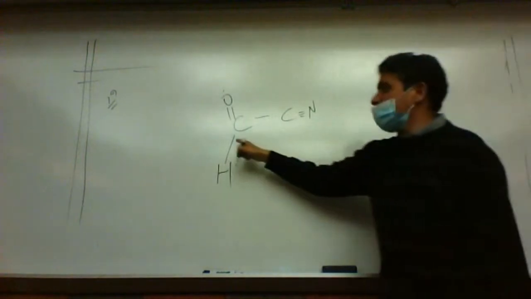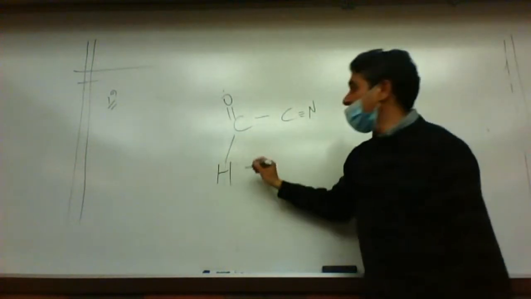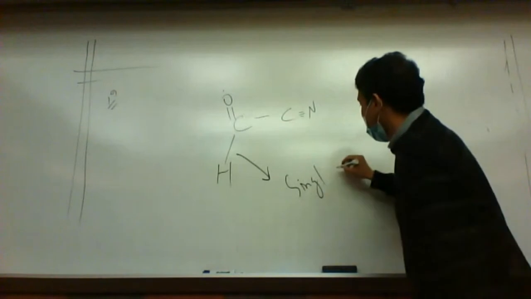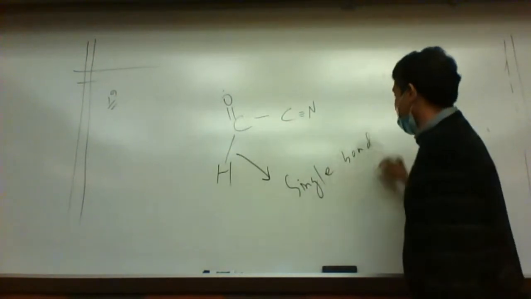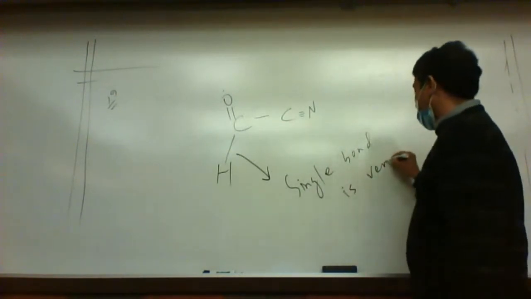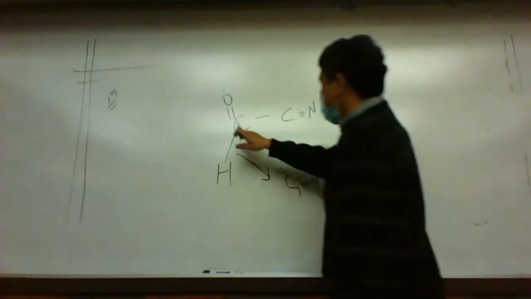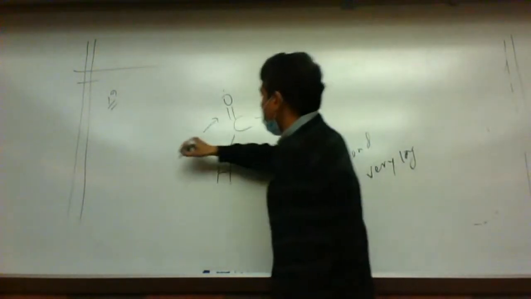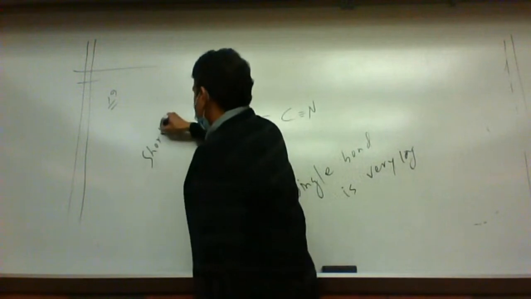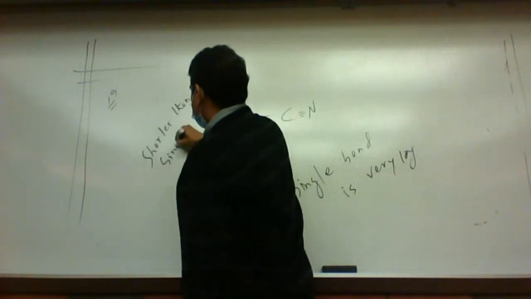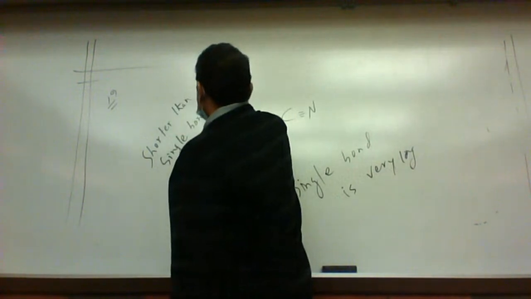If you see here, the single bond is very long. The double bond is a little bit shorter than the single bond.